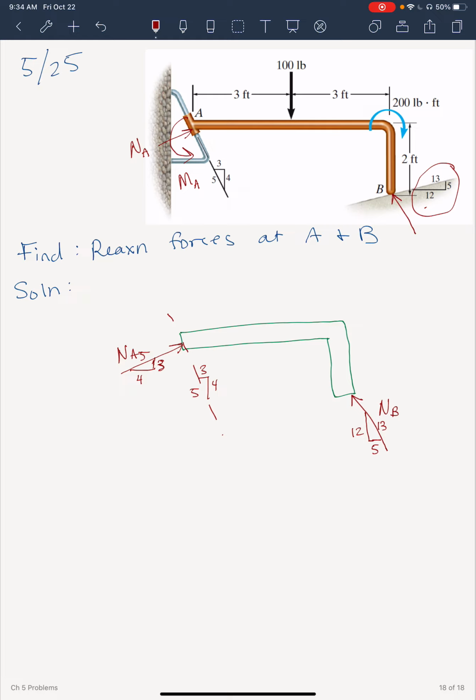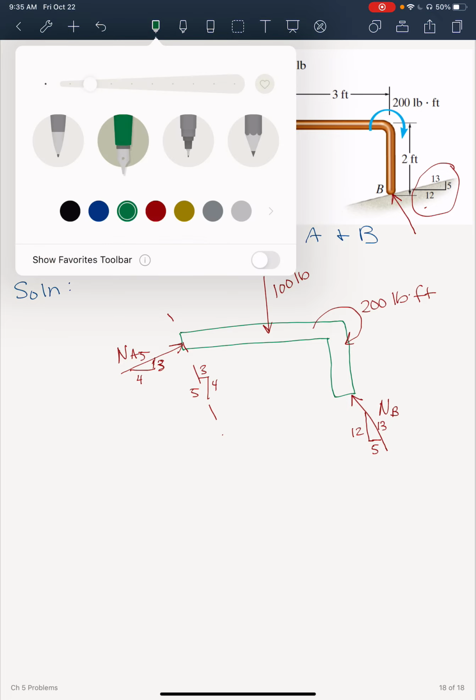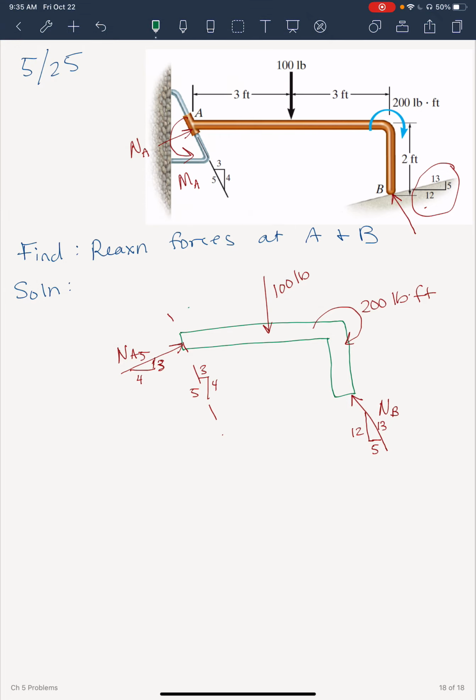So we have NA, NB, we have this 100-pound force here. And then we also have this moment here, it's 200 pound-feet. We need to put in all the dimensions. So we have 3 feet here, 3 feet here, and then 2 feet here.